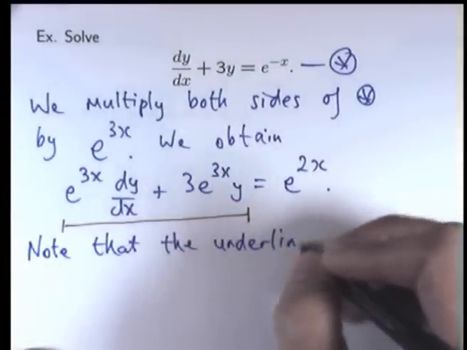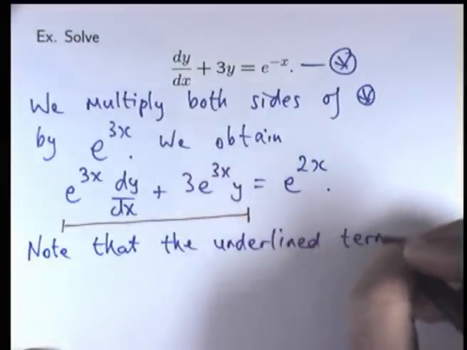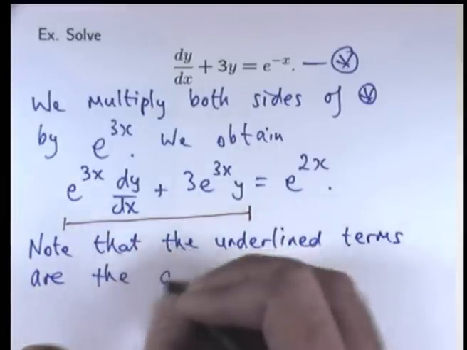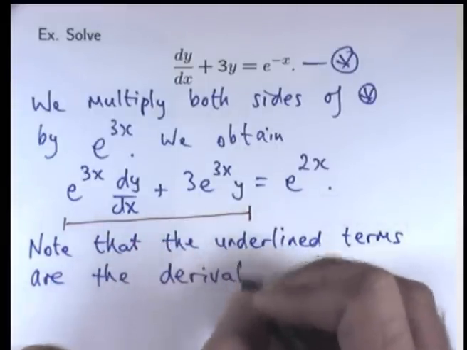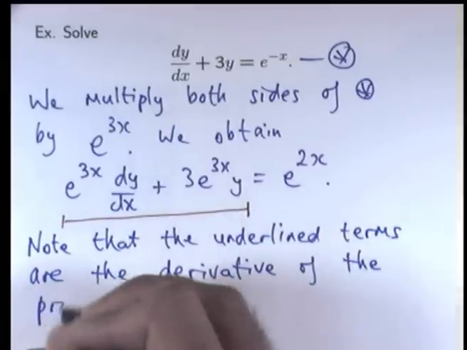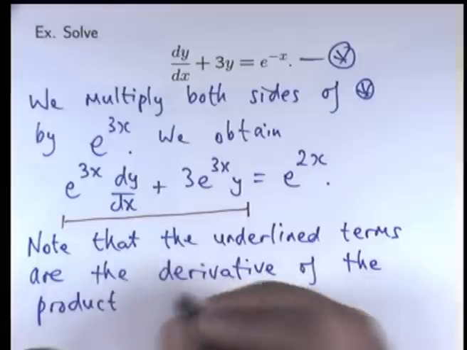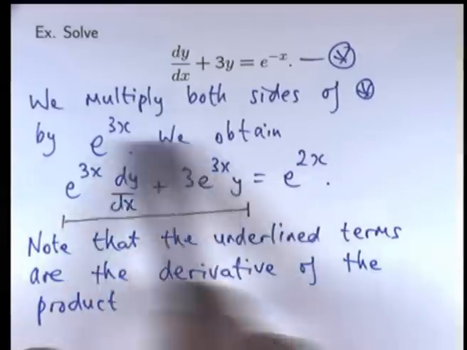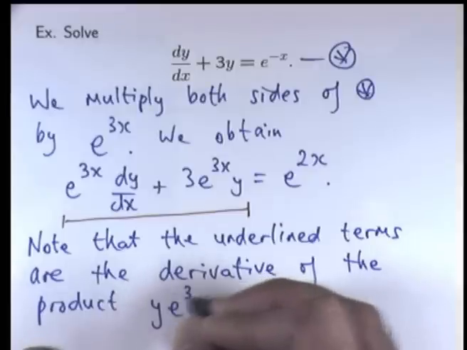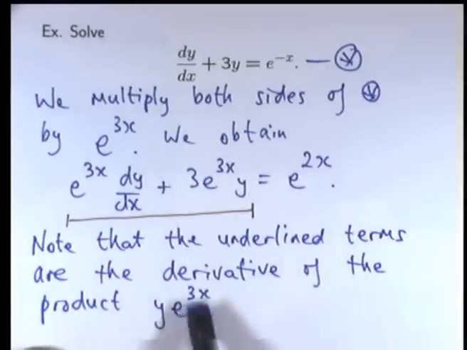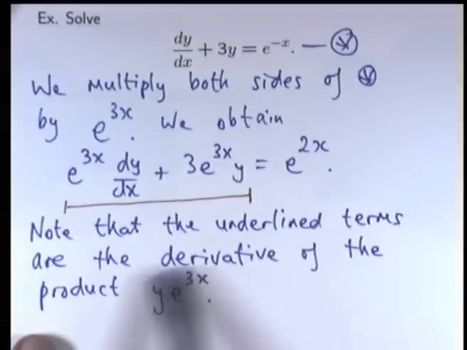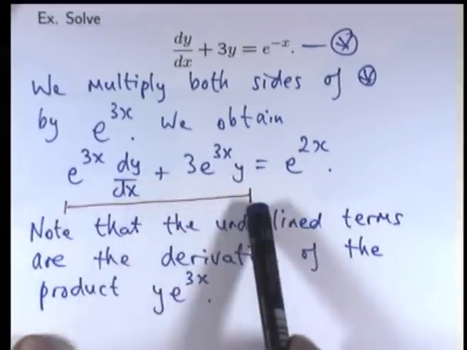The underlined terms are the derivative of the following product. Okay, it's going to be y times e to the 3x. Right, if you differentiate this product, remember y is a function of x, via the product rule, you'll get this.